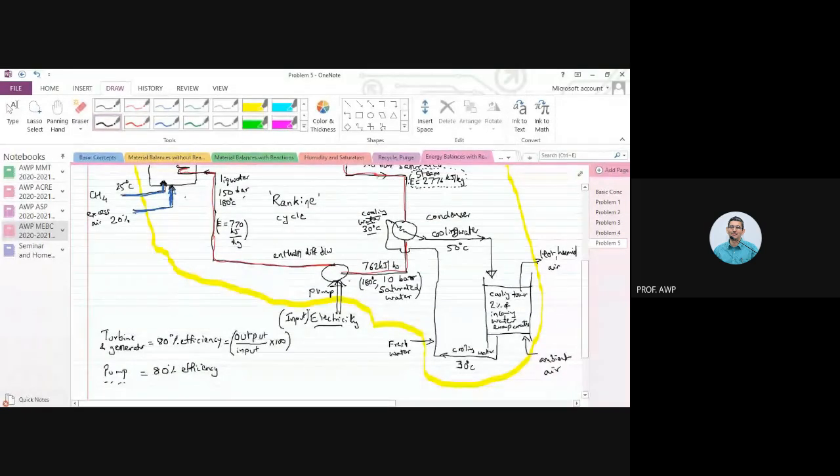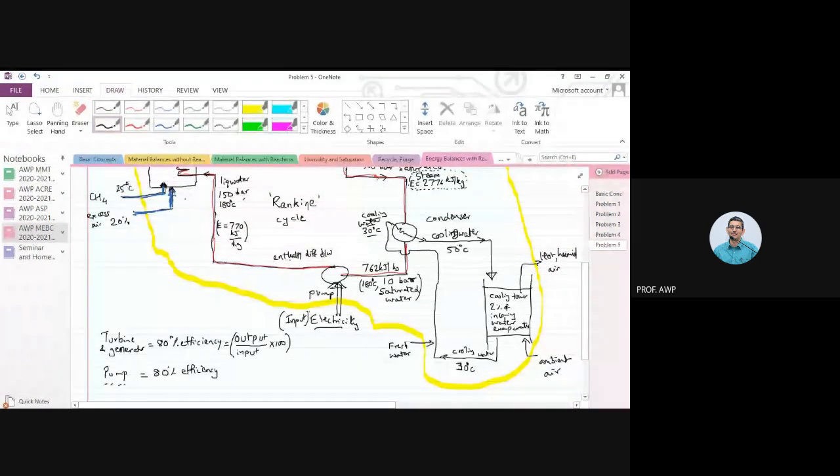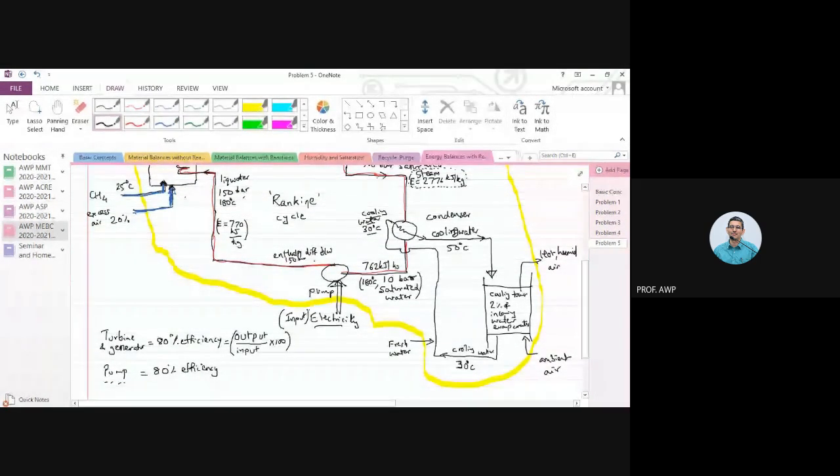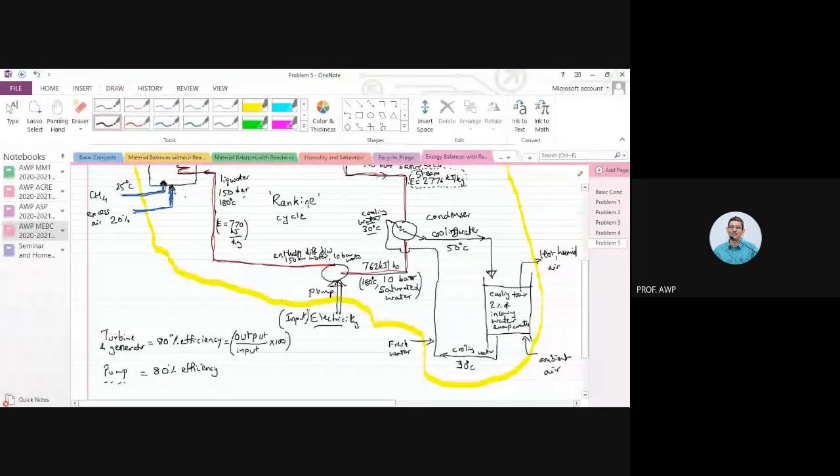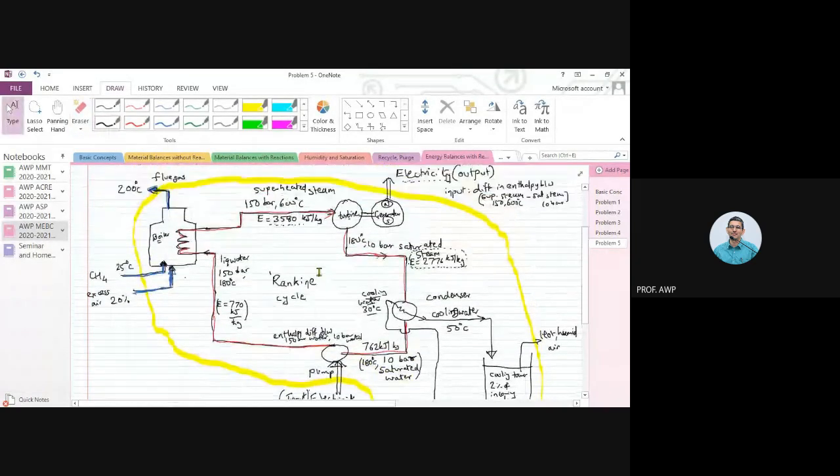Pump is increasing the pressure from 10 bar to 150 bar, so it has added enthalpy. That enthalpy difference between the 150 bar water and 10 bar water. Do you agree with that? Yes, sir. Now the problem is complete.